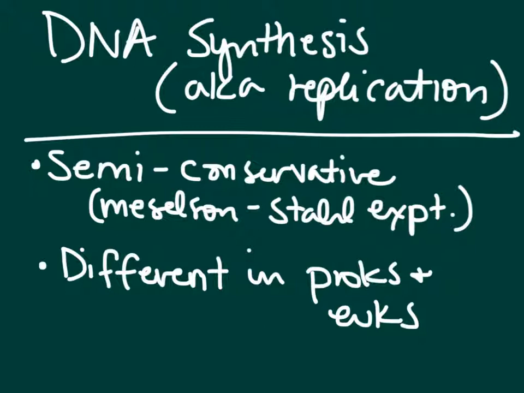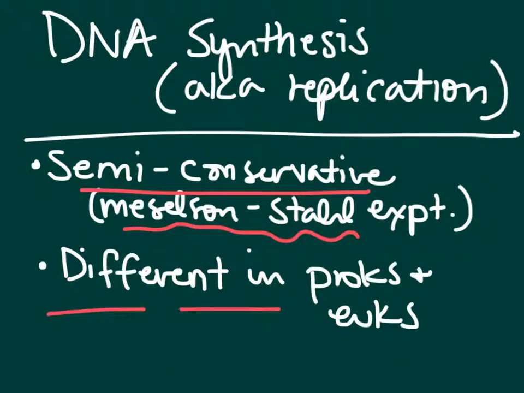When we say the term semi-conservative, supported by the Meselson-Stahl experiment, that means that when DNA replication occurs, we have two daughter strands of DNA, where red is the original and green is the new strand. So of the two daughter strands that are made, half is old and half is new.